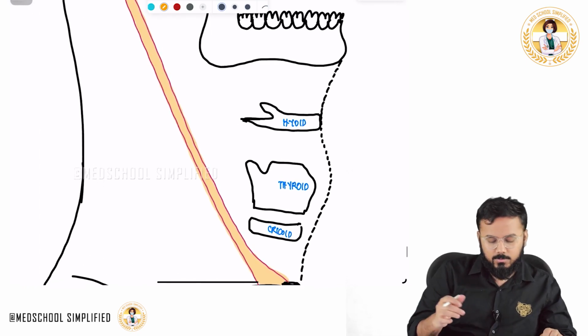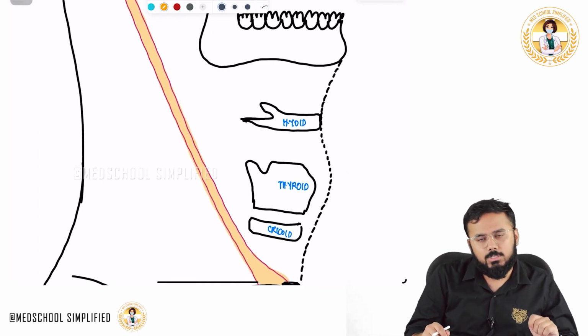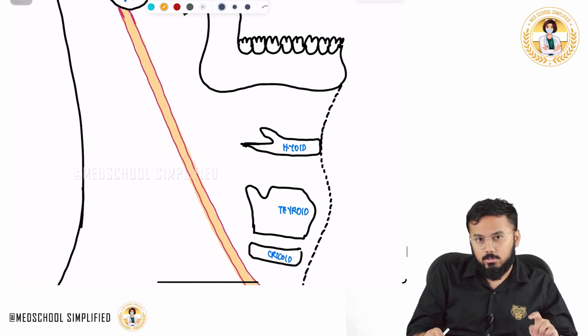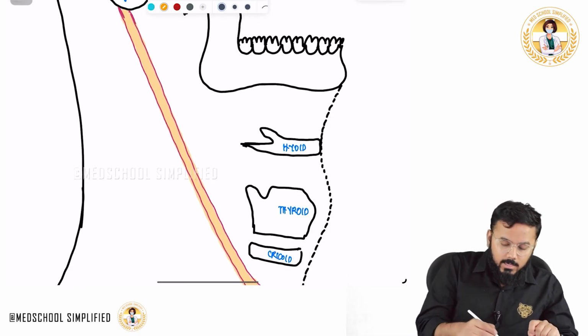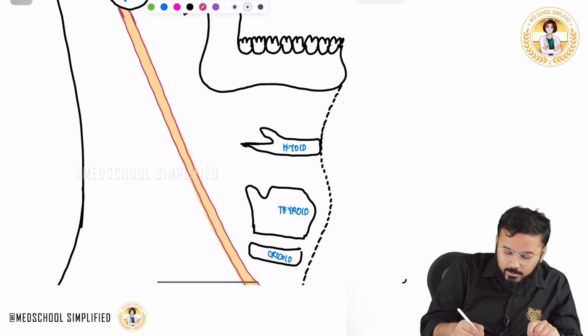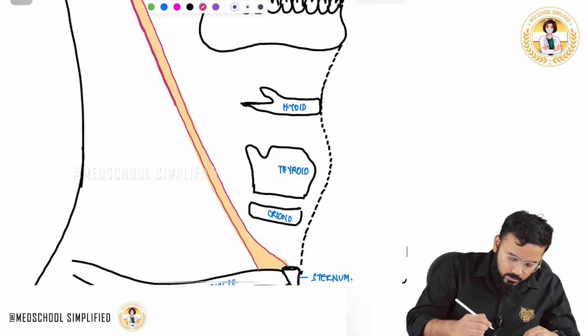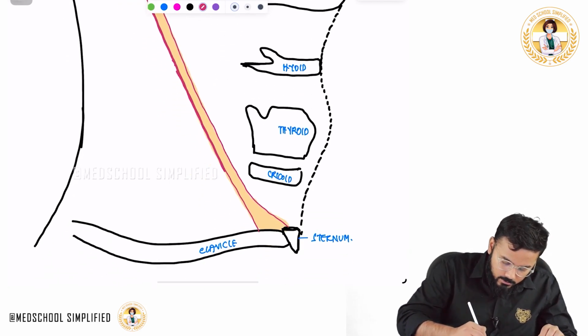You see this muscle? This particular muscle is called your sternocleidomastoid muscle. Now after discussing sternocleidomastoid, you should also discuss one more muscle that is present here. Look here. Let me draw the borders of the sternocleidomastoid a little bit thicker.